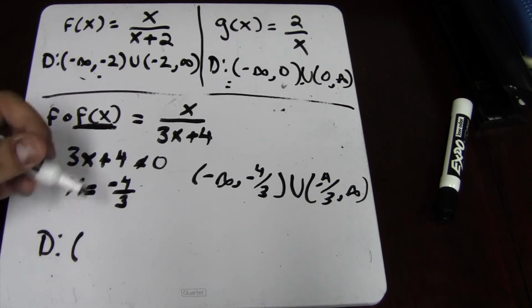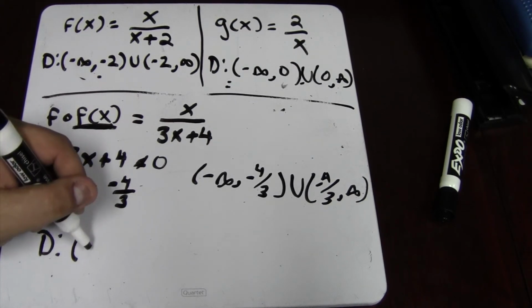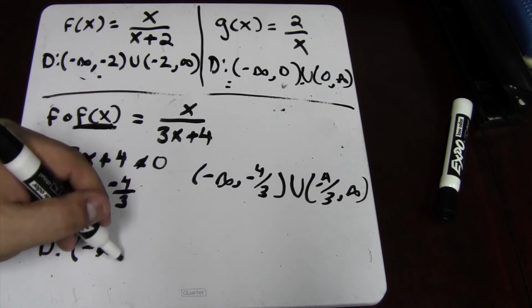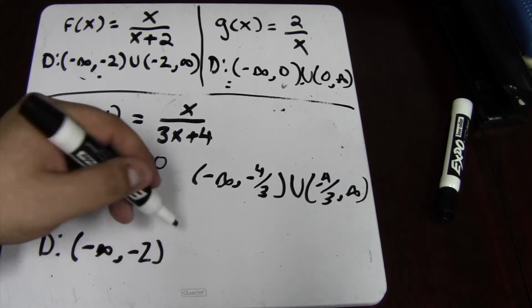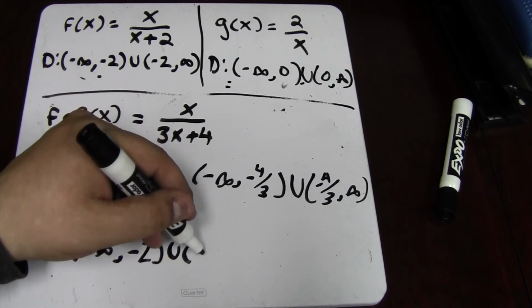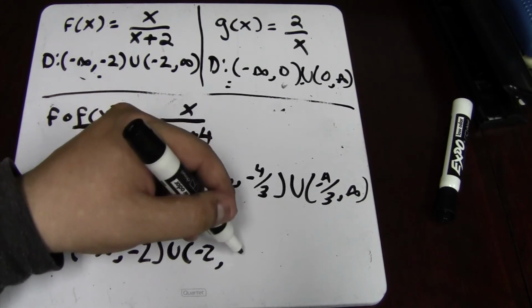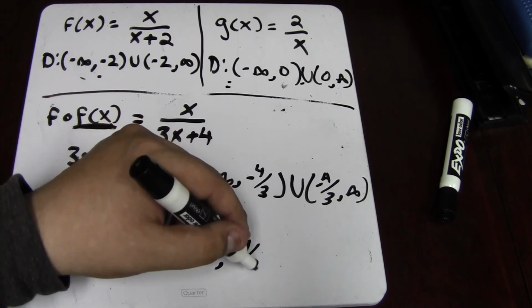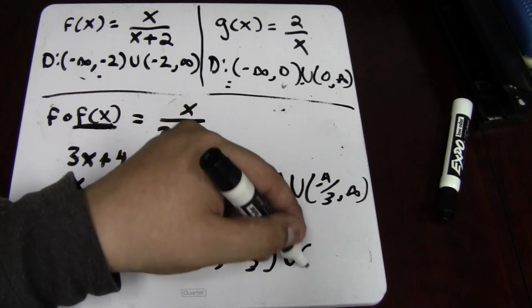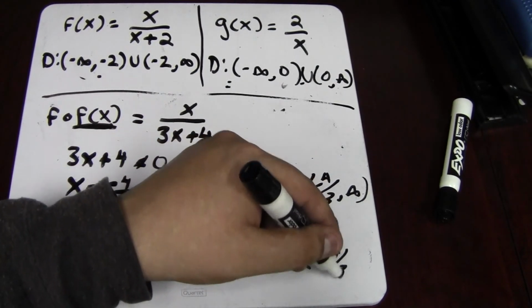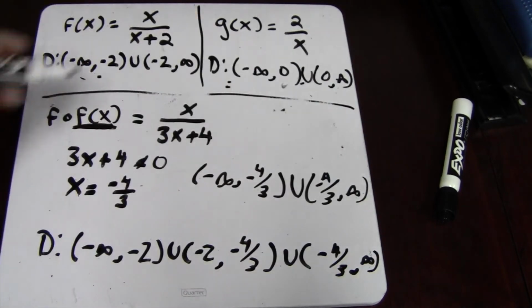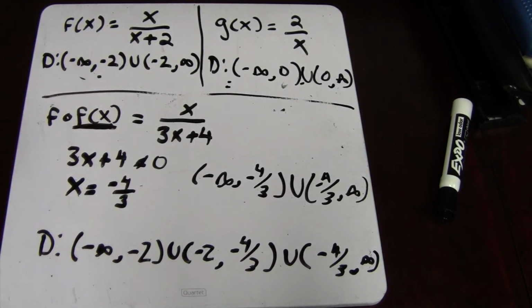We'll say, all right, x cannot equal negative 2. We also can't be negative 4 over 3 either. This would be the domain for this composition.